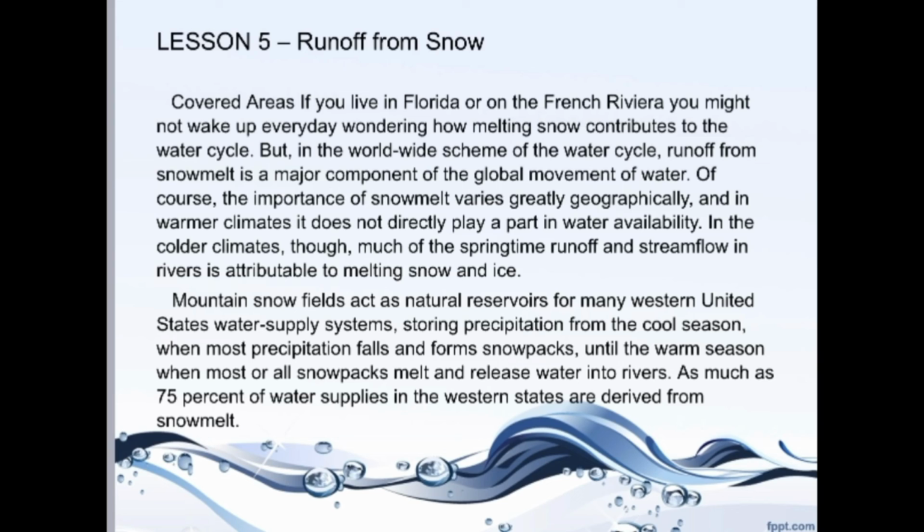As much as 75% of water supplies in the western states are derived from snowmelt. So 75% or even more of the water supplies in the western states are derived from snowmelt. So, how does snowmelt contribute to stream flow?